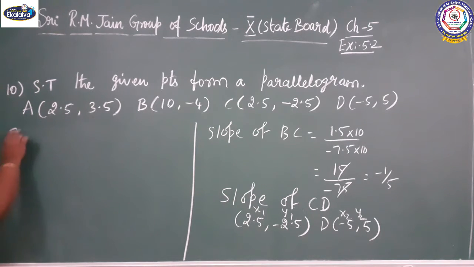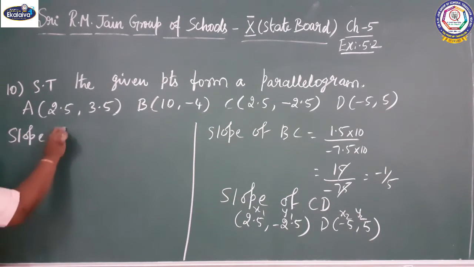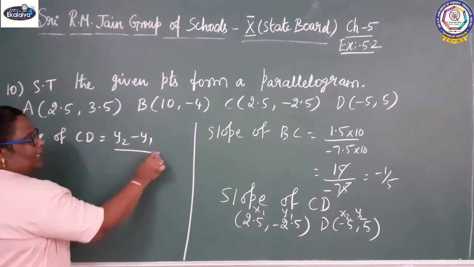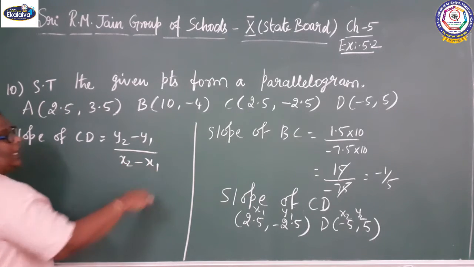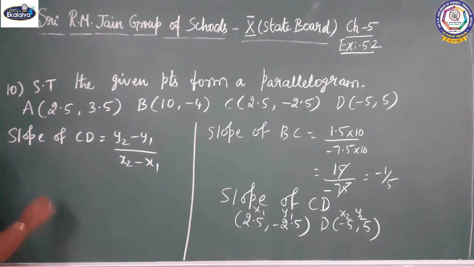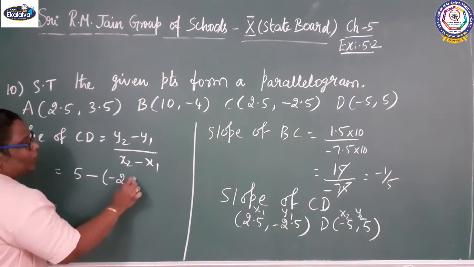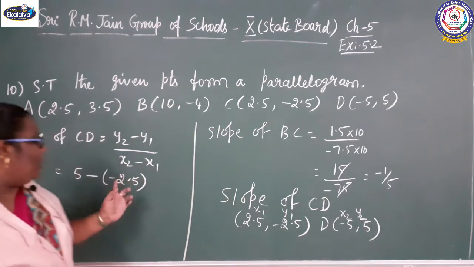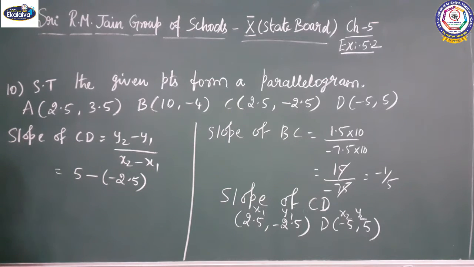So slope of CD equals y2 minus y1 by x2 minus x1. What is the value of y2? 5 minus y1. y1 value is minus 2.5, by x2.